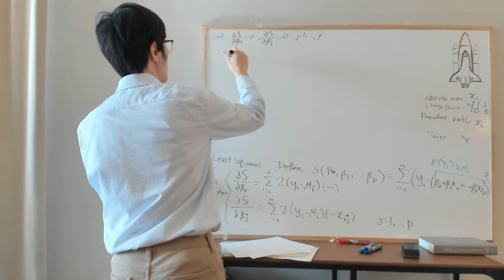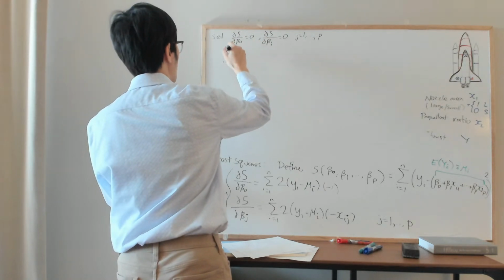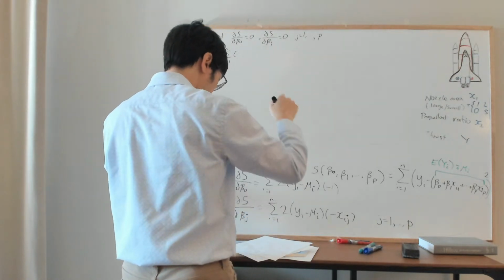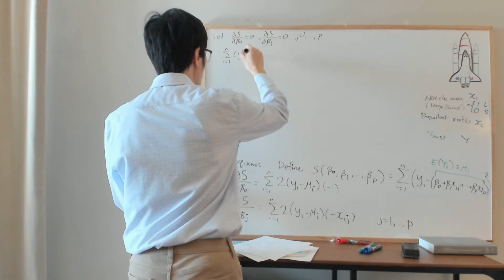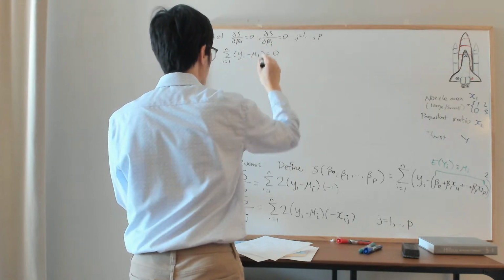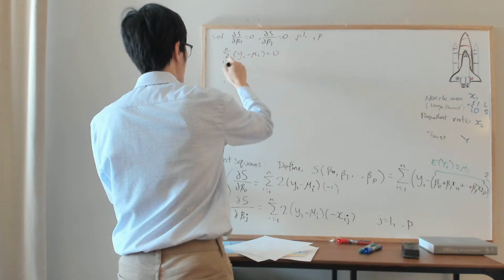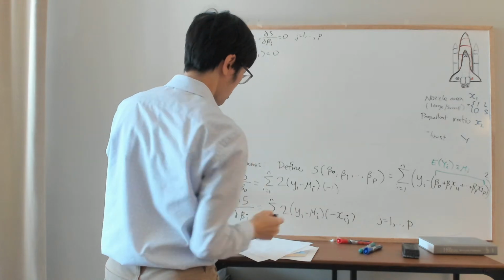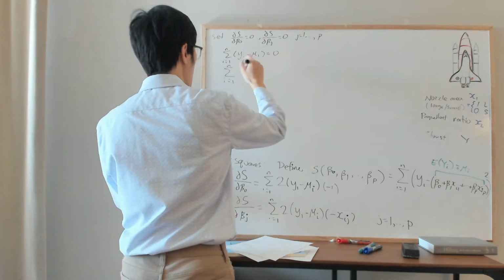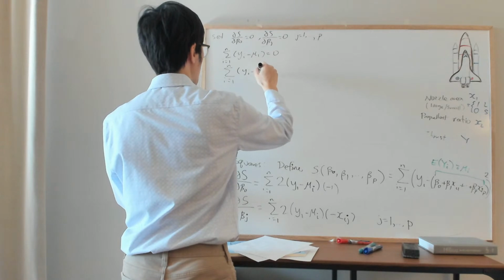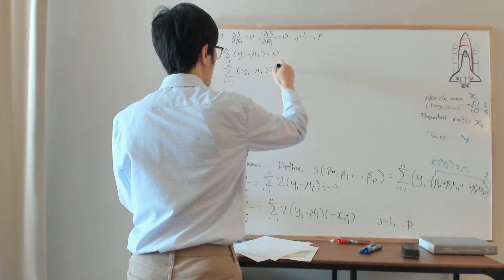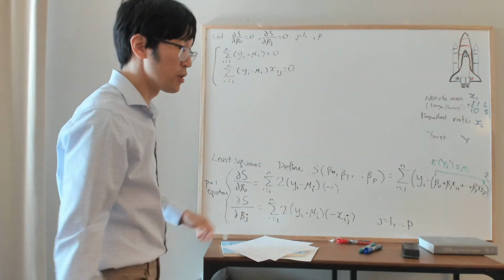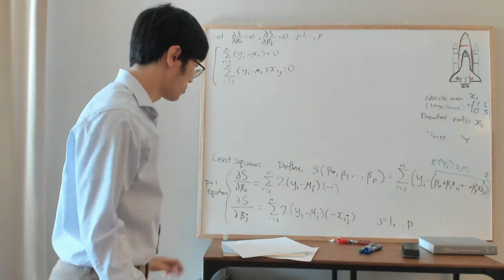The summation of yi minus mu i equals 0, and then here I can throw out the minus 2, so we have the summation of yi minus mu i times x ij equals 0. Okay, so the estimates will be the solutions to these p plus 1 equations.